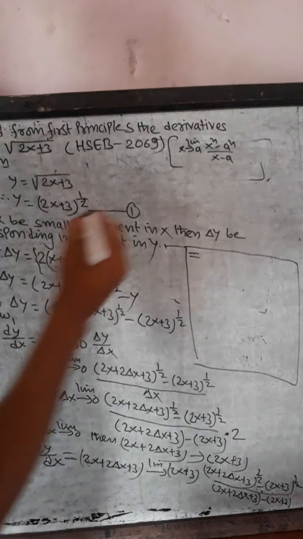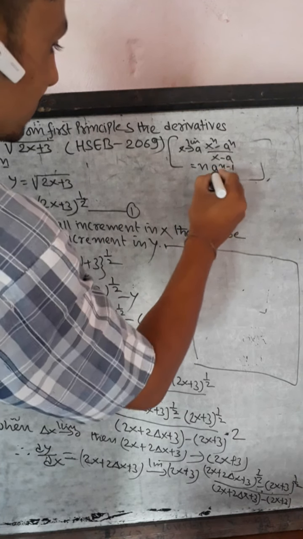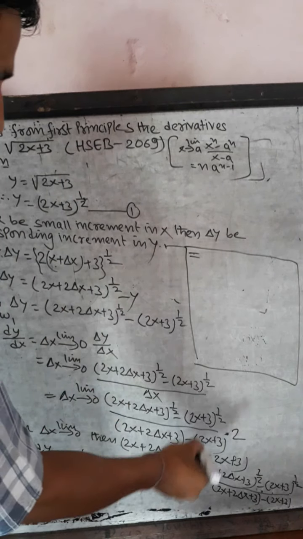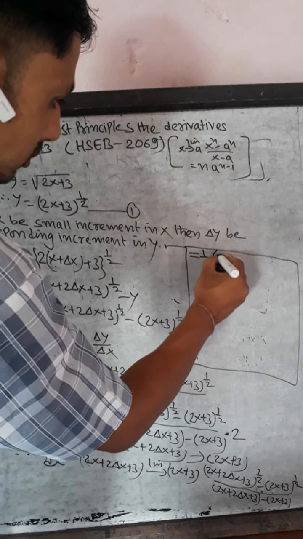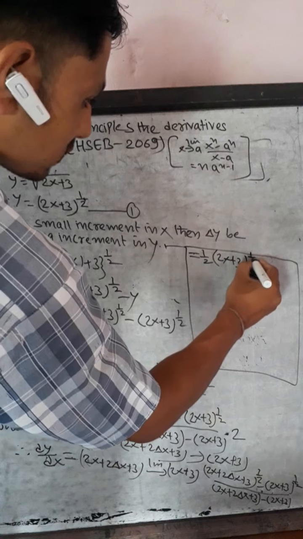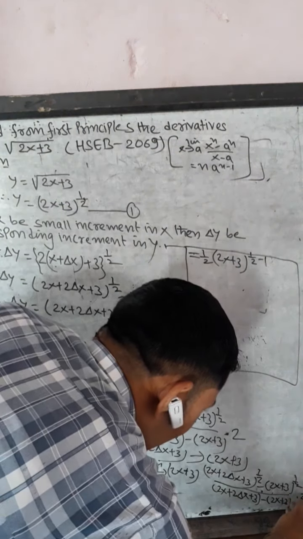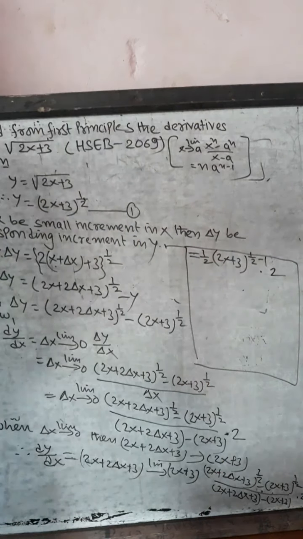So what will be the formula? It is equal to n a to the power n minus 1. This is the formula. So what is n? n means 1 by 2. a means 2x plus 3, to the power n minus 1. And still what is there? 2 is there. Don't forget 2. And 2 is there.